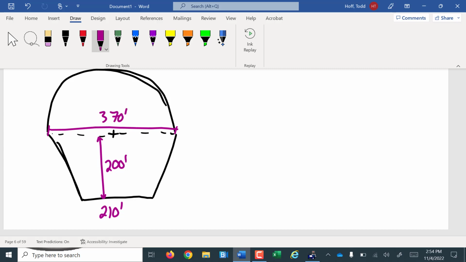So here we go. Let's find perimeter and area of this.